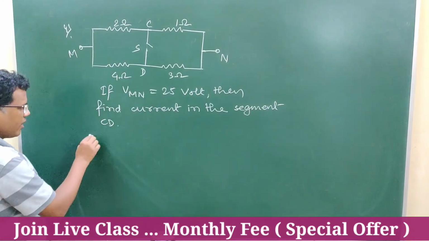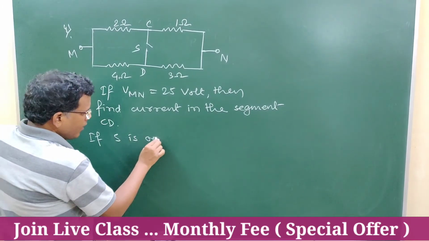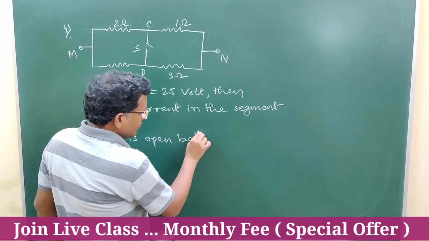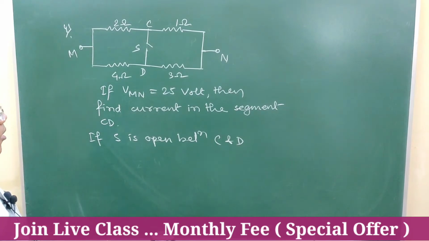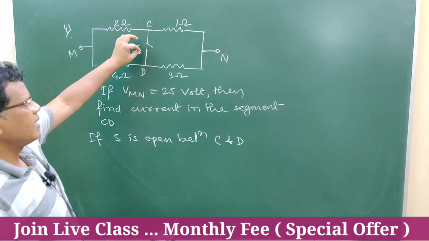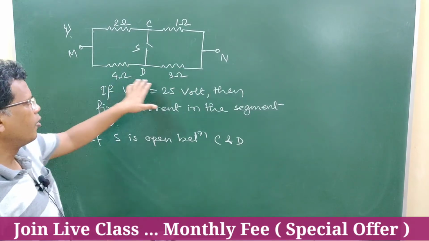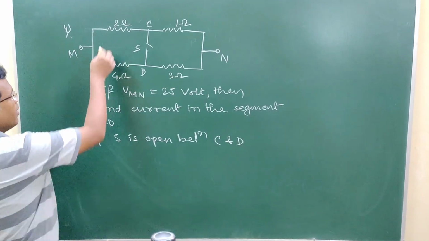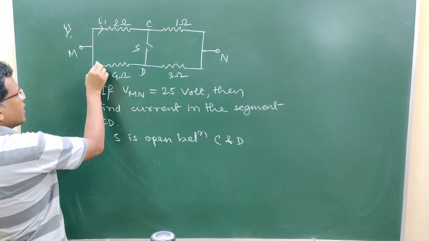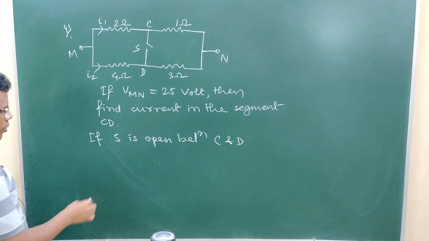So if S is open between C and D, then obviously as this is an open branch, I can say 2 and 1, and here 4 and 3, must be two parallel branches across 25 volt, isn't it? So then the current in this part and the current in this part will be different when the switch is open.